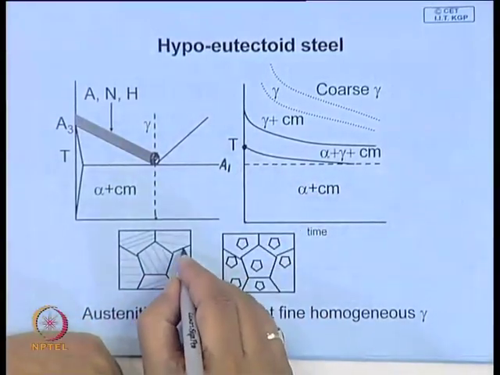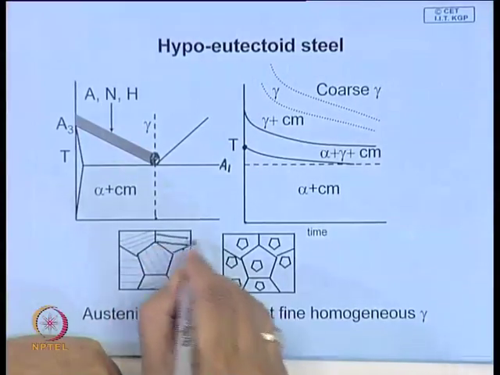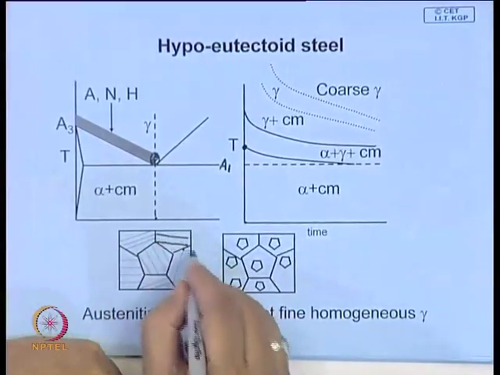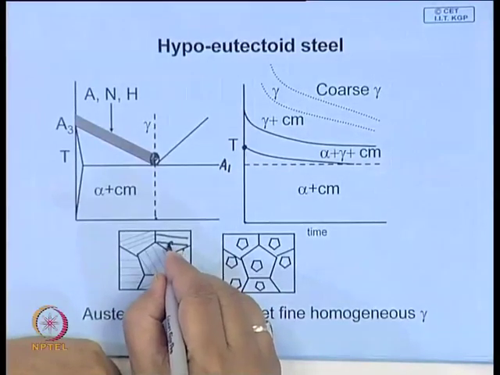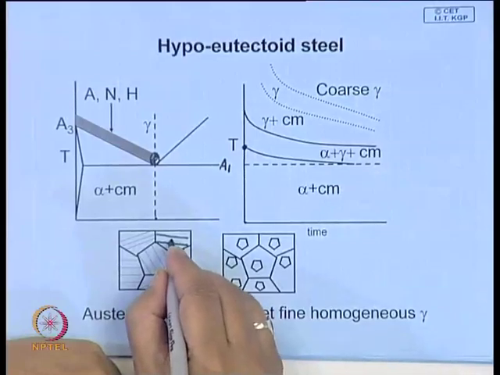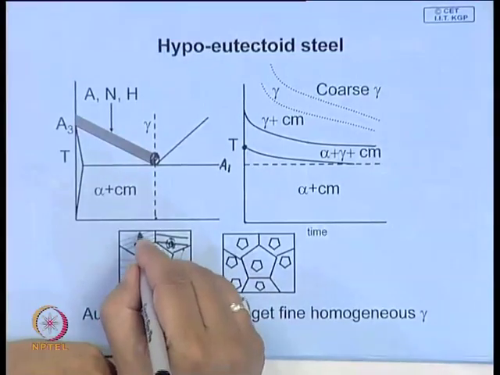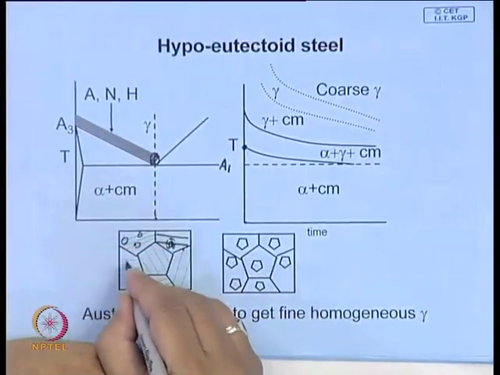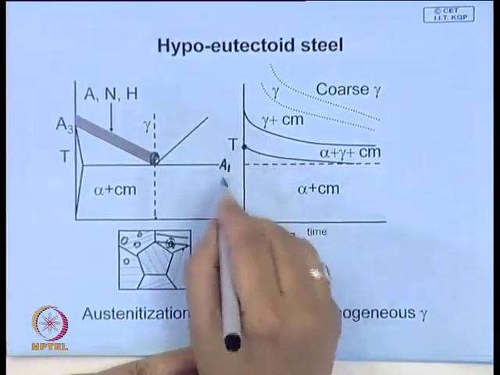What will happen is, pearlite is made up of, let us say, these cementite plates in a ferritic matrix. So, certainly a nucleus of austenite will develop over here, and this will try and grow. Similarly, this will develop at several places, and they will try to grow, something like this. So, this is time dependent.